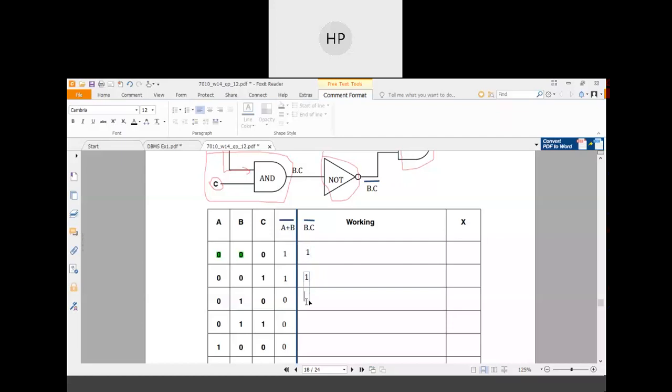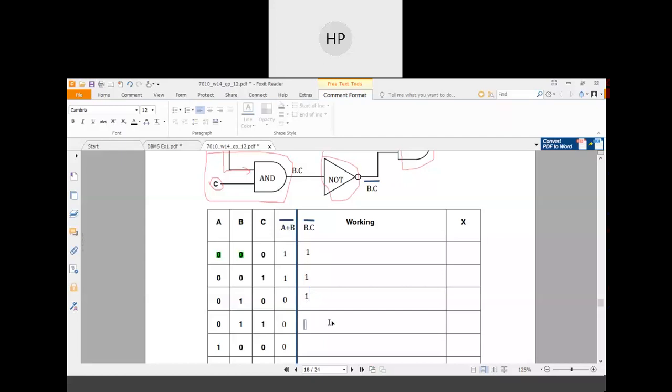Inverted, now equal 1. Okay. Then we have B 1, C 0. 1 times 0 is 0. Inverted 1. Okay.